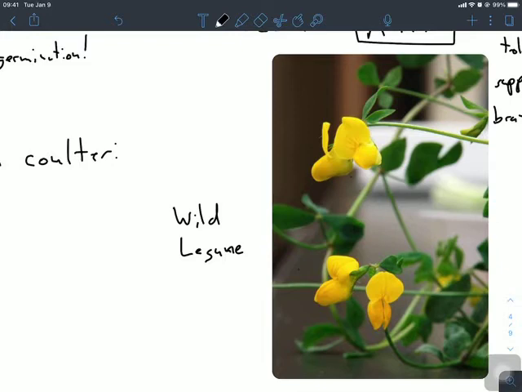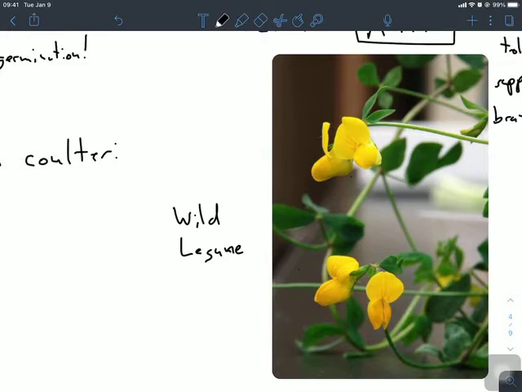Beans, as you know, are plants that are rich in nitrogen, and so they have an additional symbiotic relationship with bacteria that are anaerobic in their nodules that allow them to fix nitrogen.